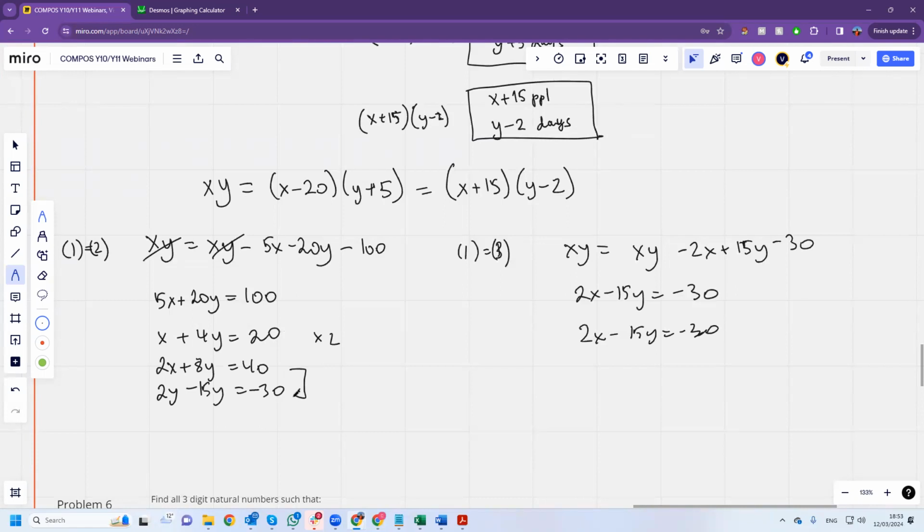Subtract them from each other, and you get 23y equals 40 plus 30, so it's 70. Doesn't sound right. What went wrong?